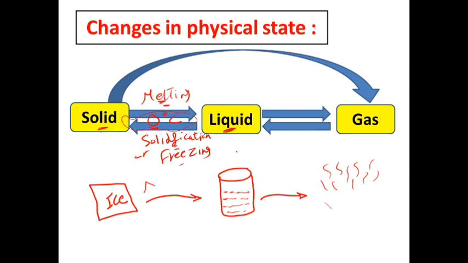And in the liquid state, when we have some water and heat this water, it starts to convert into a vapor state or a gaseous state. This process is called evaporation. Evaporation represents the conversion from liquid state into a gaseous state.